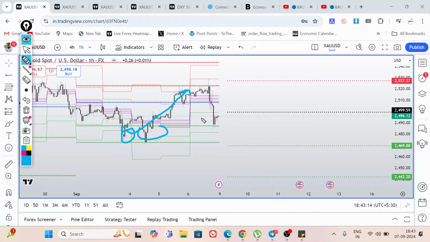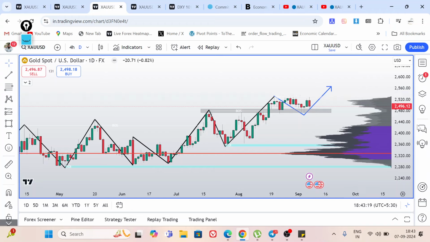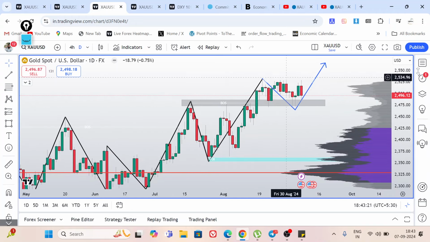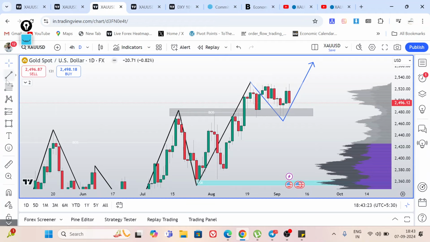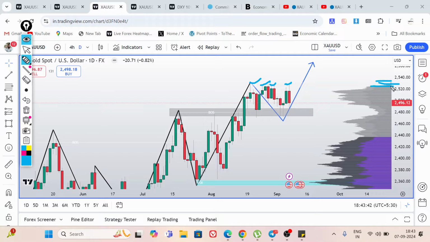We saw a good bullish move. But let me switch back to the daily time frame. At this level, if we watch the price action carefully, you can see that the price is rejecting multiple times from this level around 2525, or roughly 2520 to 2525.